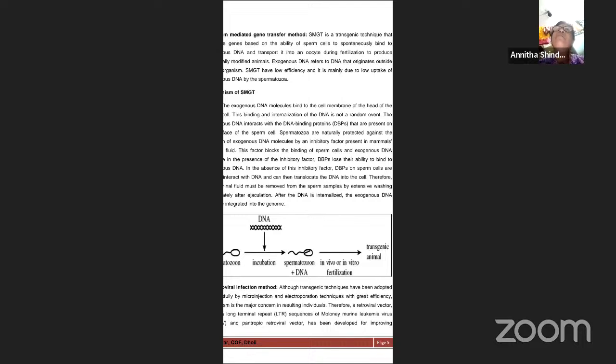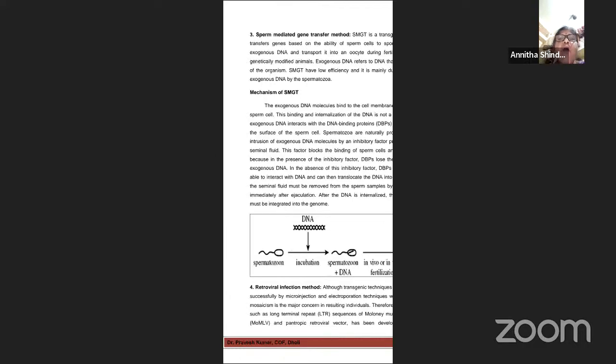The sperms will not be able to take that much DNA, only a very low amount. Because of the low uptake of DNA by the sperms, this technique is not that useful when compared to the others.